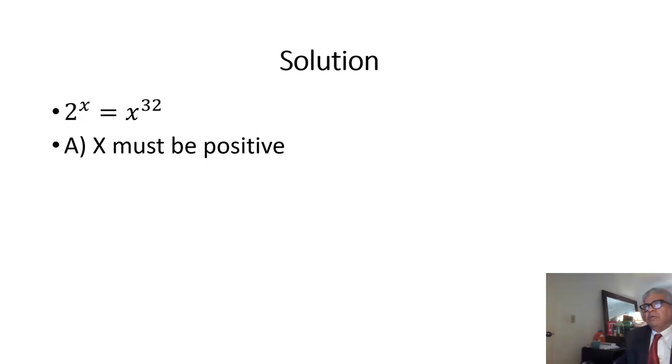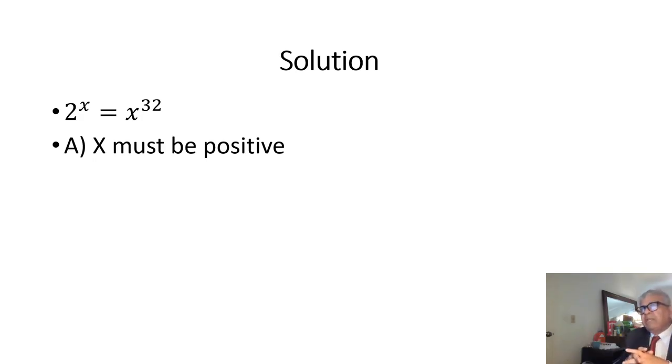In here, first thing, by looking at this, we can immediately tell x must be positive. The reason for that is very simple. Suppose x is negative. Suppose x is -4.